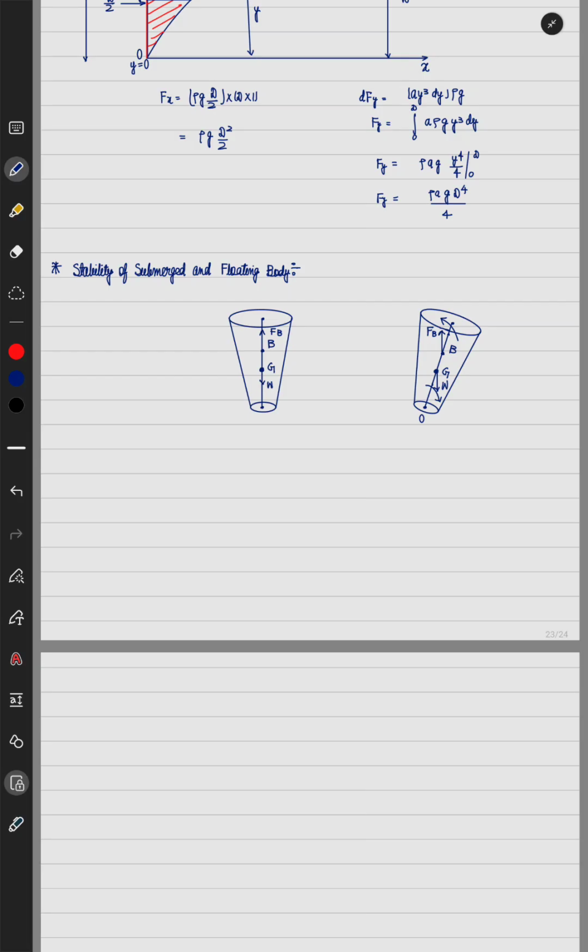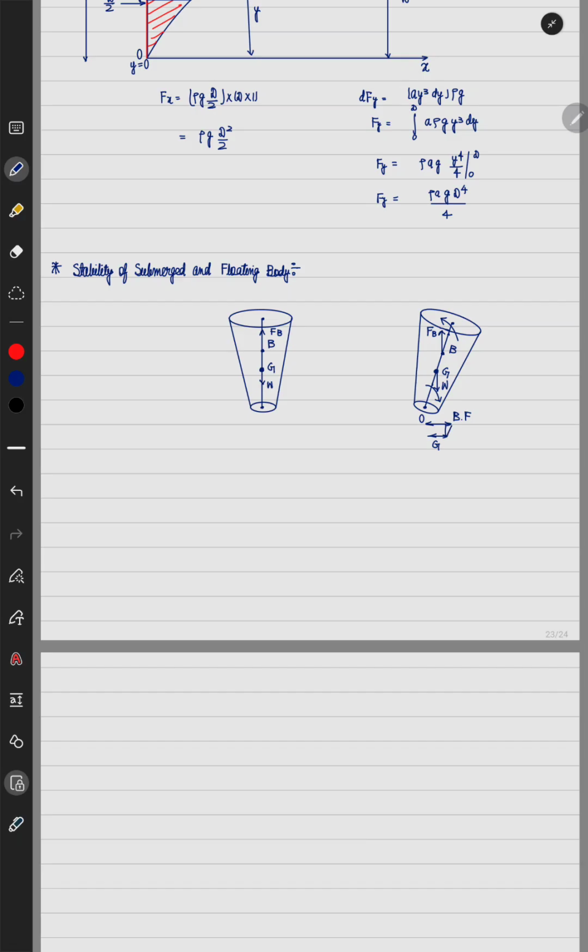After we give some tilt, the buoyant force will try to take the body back into its position because the action of the force is in that direction, and the weight will try to rotate the body in the other direction, but that will be countered by the buoyant force. And you can see the torque by the buoyant force is even greater, because the buoyant force is acting at this lever arm, and for gravity it is given by this lever arm.